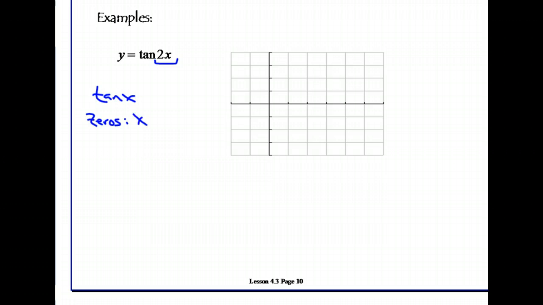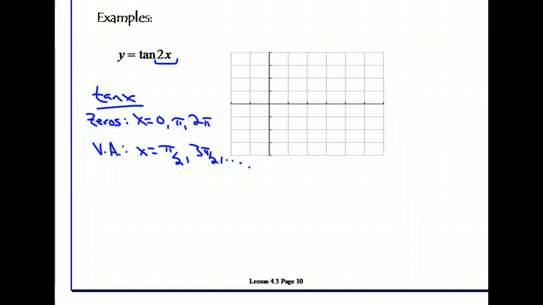So when x was 0, pi, 2 pi. What were our vertical asymptotes? So vertical asymptotes, where the denominator was 0, where the bottom was 0, that was our cosine. Where's the cosine 0? At pi halves, 3 pi halves, etc. Okay, so those are our basic facts about our tangent.